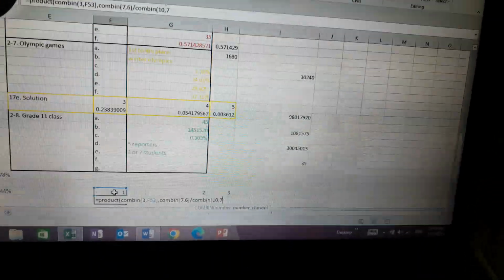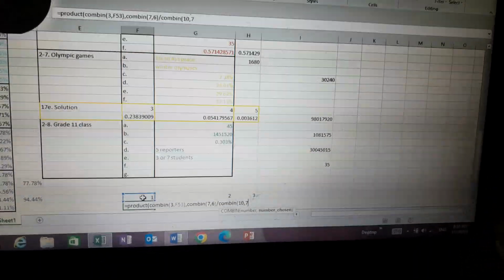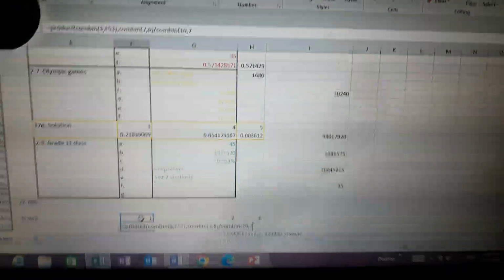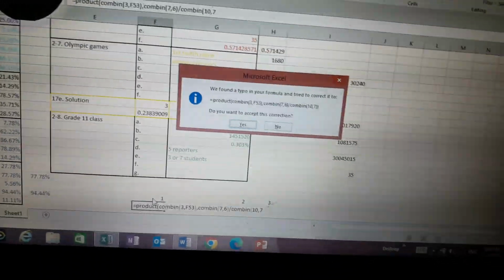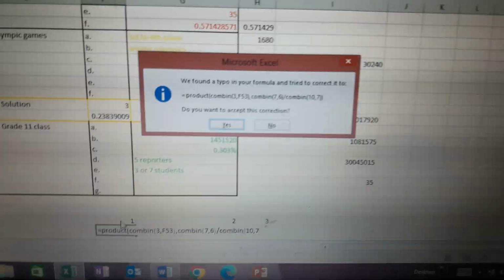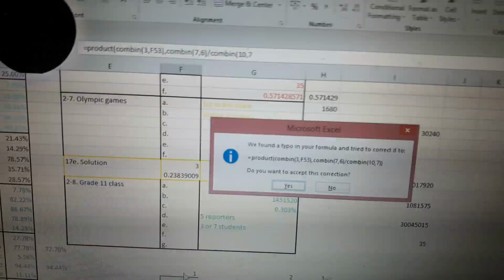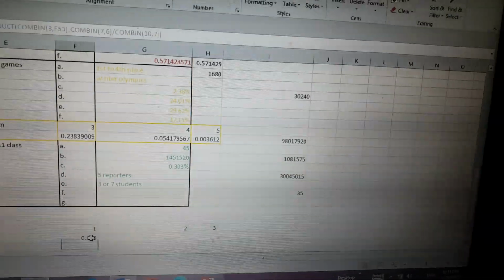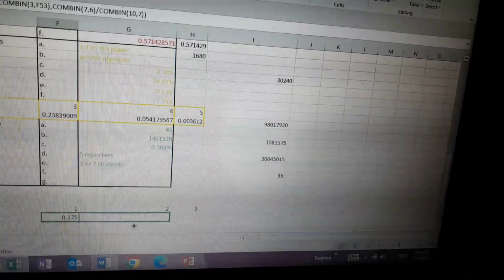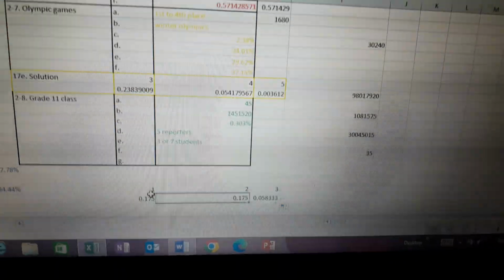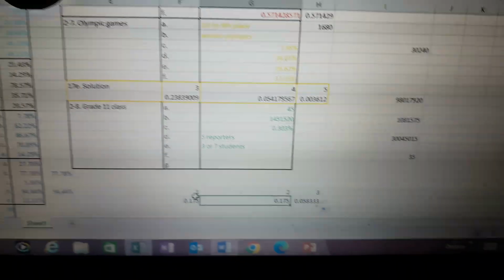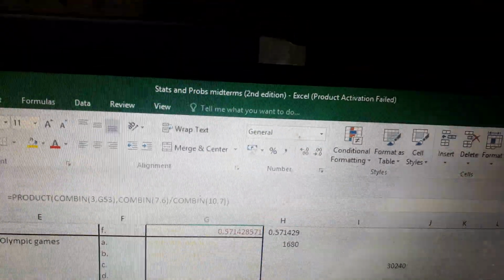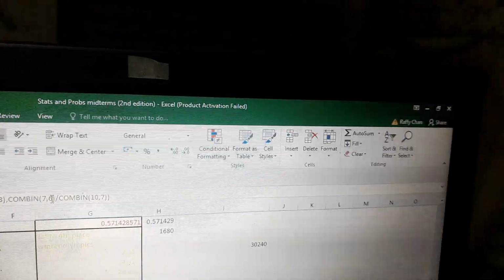So let's try 7 since I did it this way. Or I'll show you the 2 answers so you will see the difference. So you will get this answer: 3C1, 7C6, that's 10C7. And if you shift this, do you think you will still get the same answer? So 3C2, and the other combination is not supposed to be 7C6, because it doesn't match.